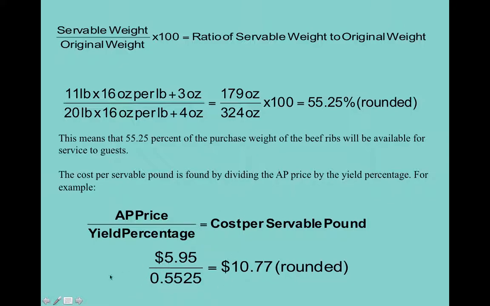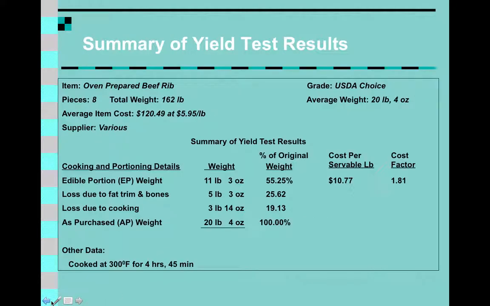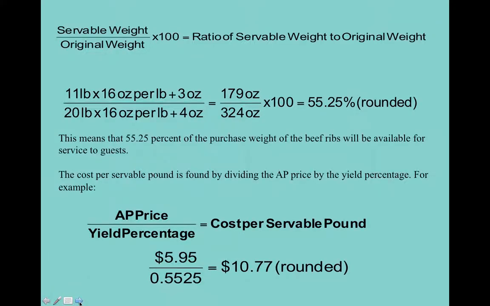And there's our as purchased price of $5.95, which we got back in this part of the problem. So $5.95 divided by the percentage equals $10.77 if we rounded it. That's our cost per servable pound. That's what it costs us to serve per pound the beef or whatever we were looking at.